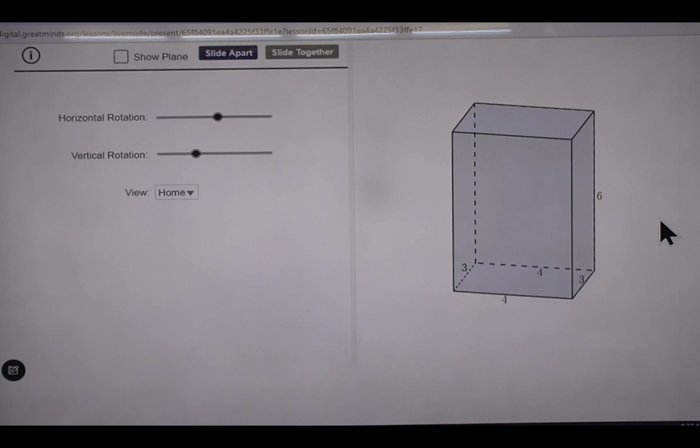Well, which one? I can't even see from right here. I just told you it's 4, 4, 3, 3, and 6. I'm only giving you like a minute. So find the volume. You should remember the volume formula from like 4th grade. Length times height. That's it. Length times width times height. That's the primary school one.